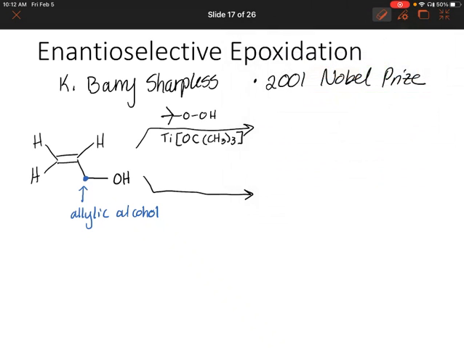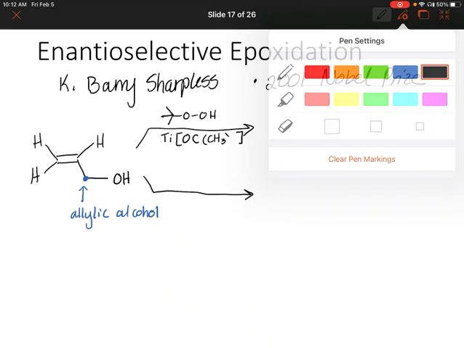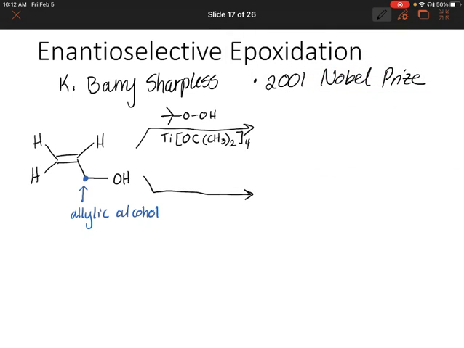Oops, I drew that wrong. That should be a 2. But you have 4 of those bonded to a titanium atom in the middle. So it kind of looks like this.